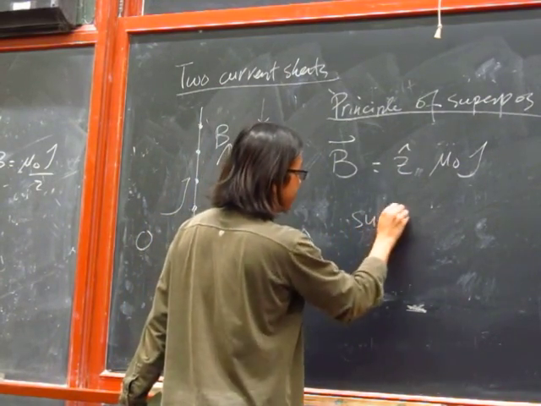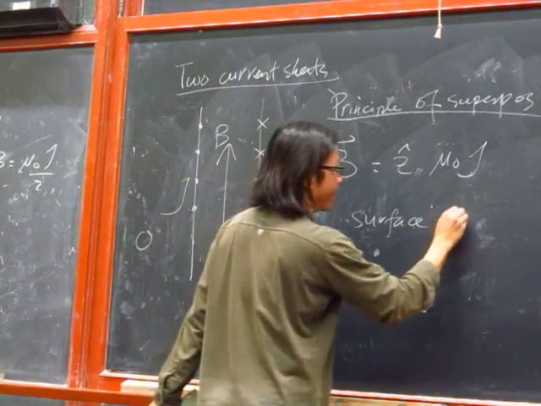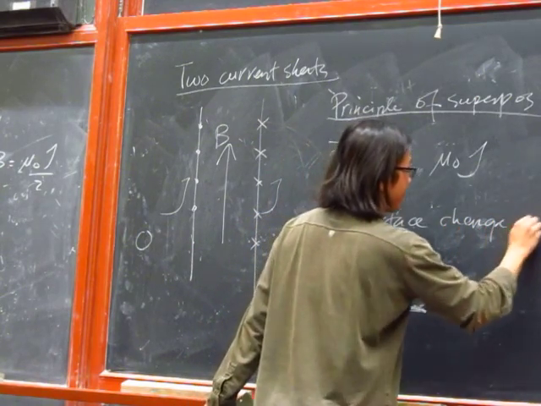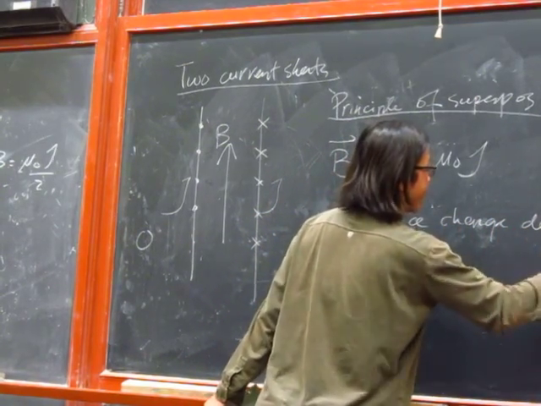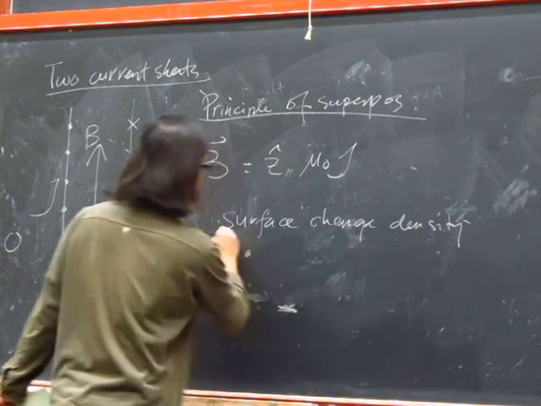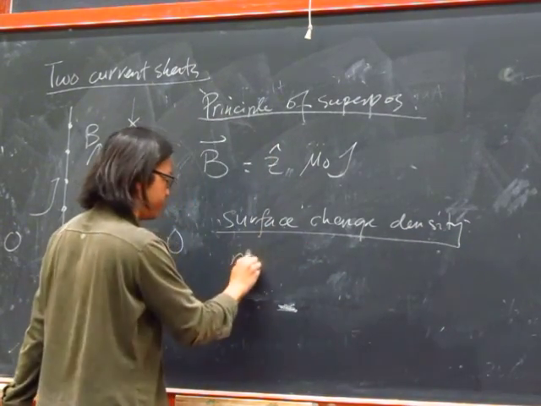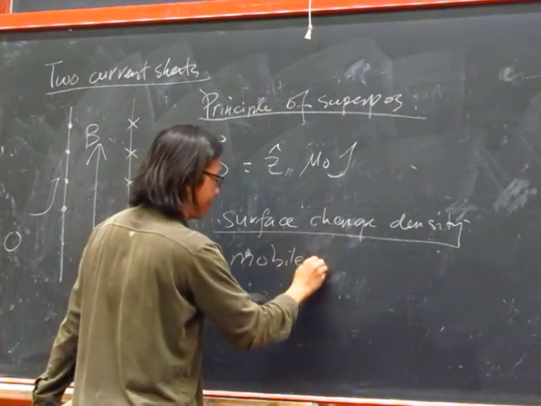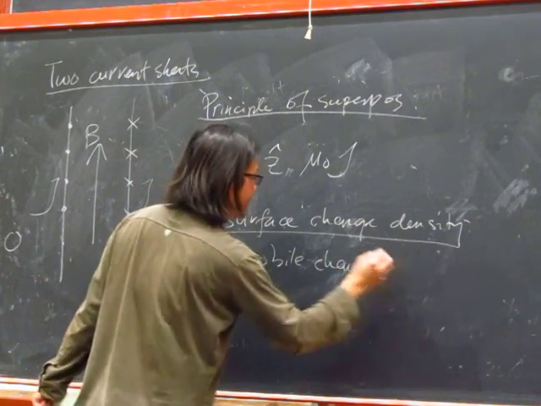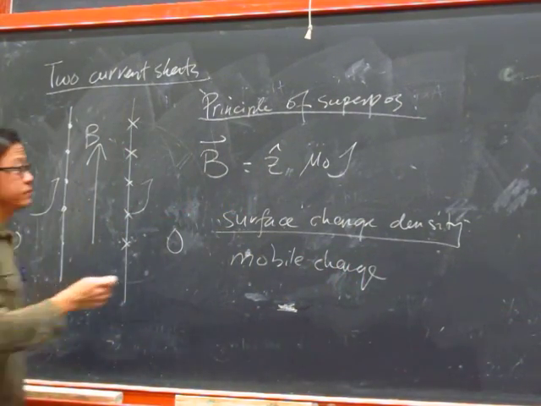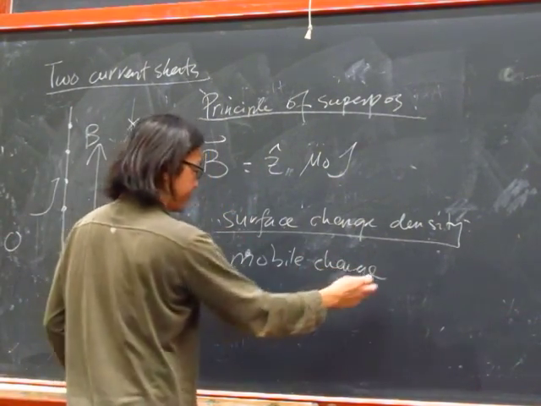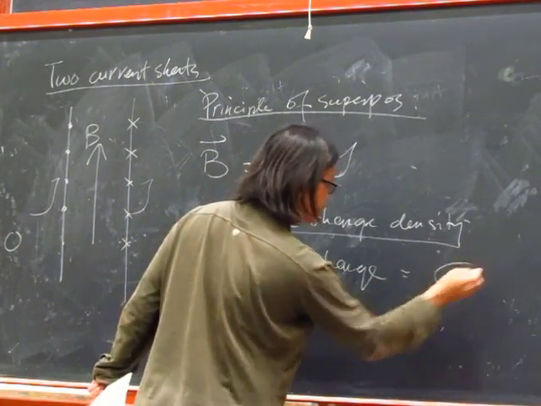And I can also define a surface charge density for the mobile charge, sigma.